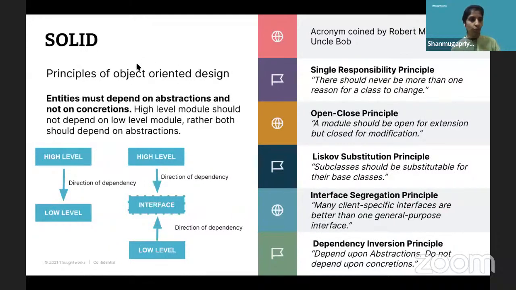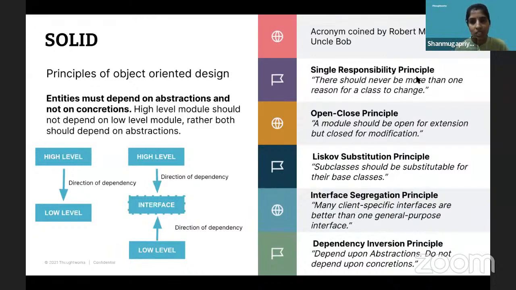This is the acronym coined by Robert Martin in one of his design papers back in 2000. He mentions that there are 5 principles which, when we follow them, help us achieve clean code, which eventually allows us to maintain our code very easily. So these are the 5 principles.